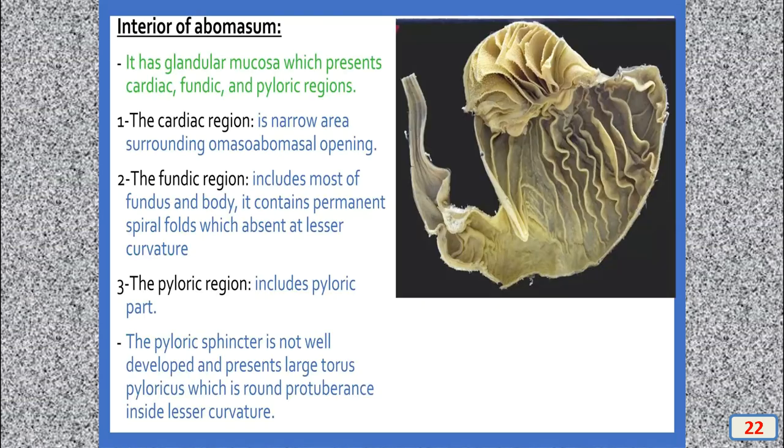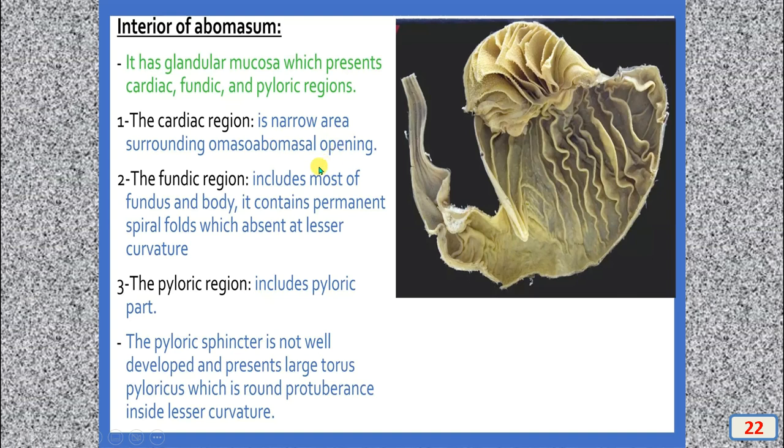So this is the anatomical description of the interior of the abomasum. It is a glandular mucosa which presents cardiac, fundic and pyloric regions. The cardiac region is a narrow area surrounding the abomasal opening.